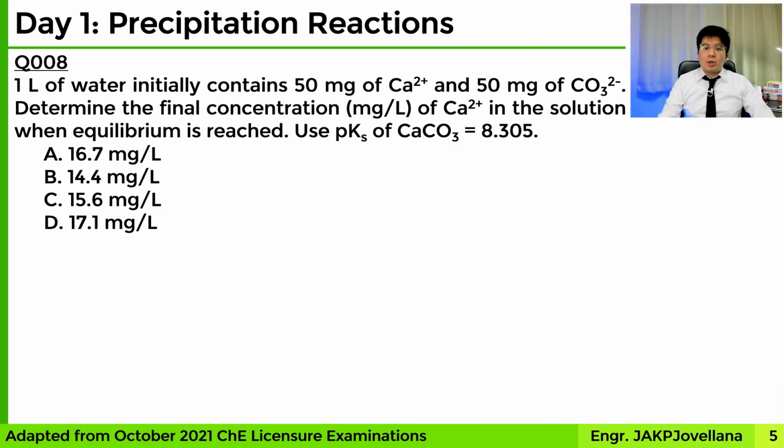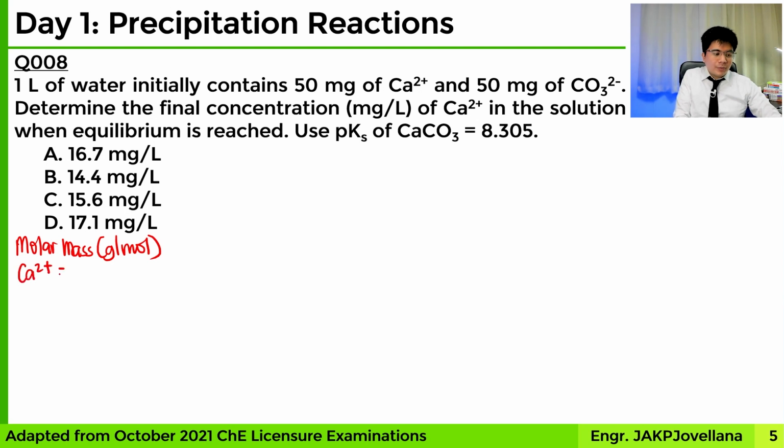So to start this problem, we are given in terms of milligrams of the species, and we first convert that into moles using their molar masses. So to start, from the Perry's Chemical Engineering Handbook, the molar masses in grams per mole of our desired species are calcium 2 plus is 40.08 grams per mole.